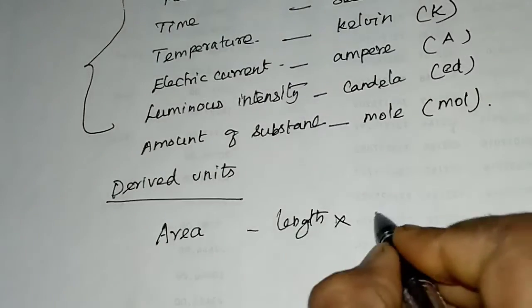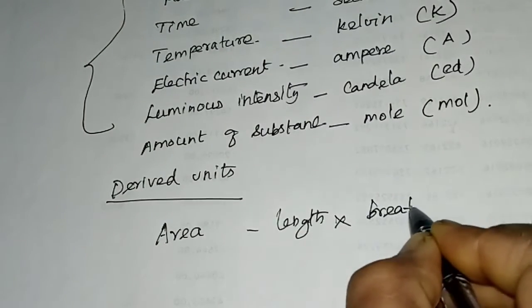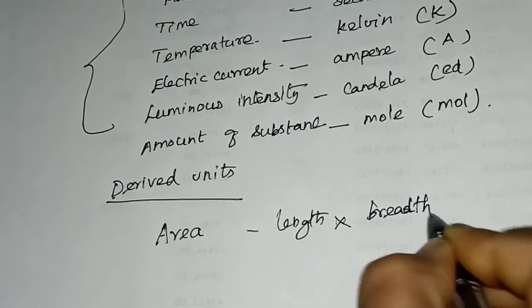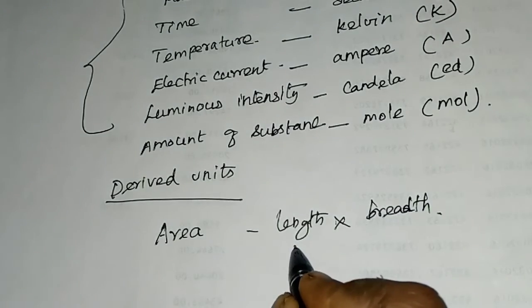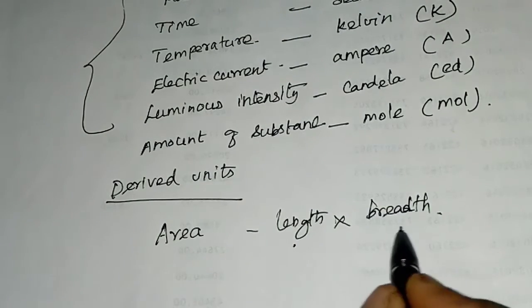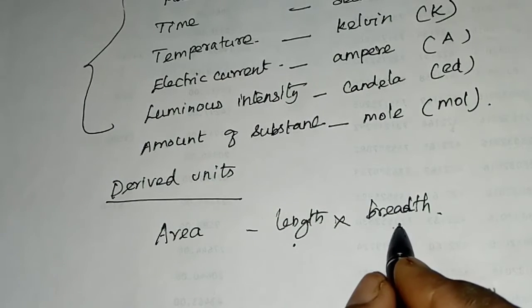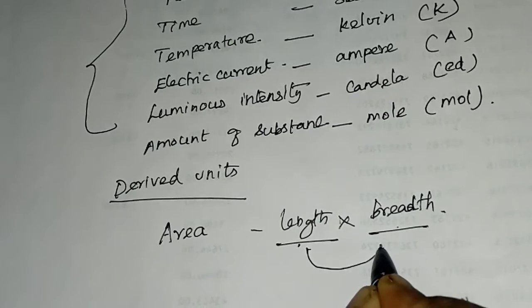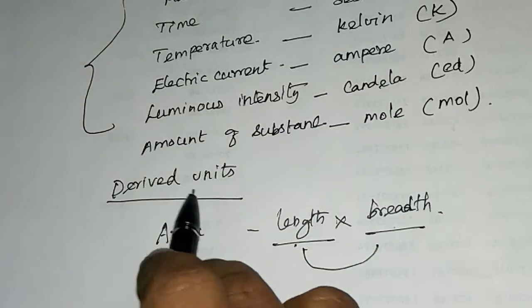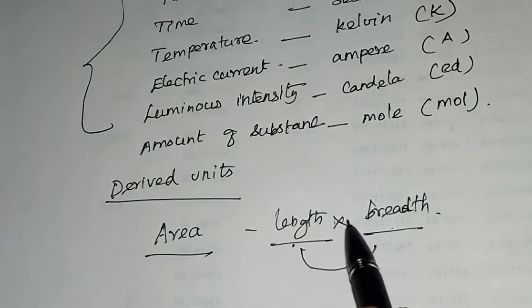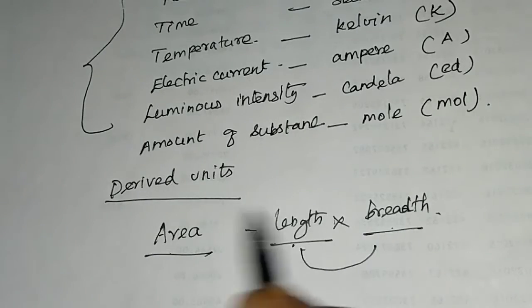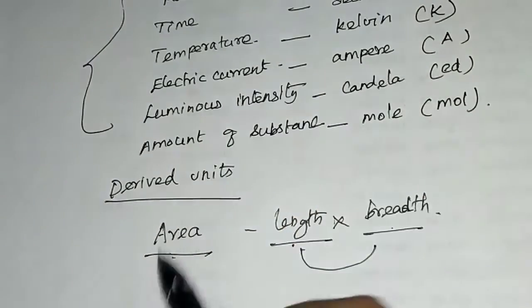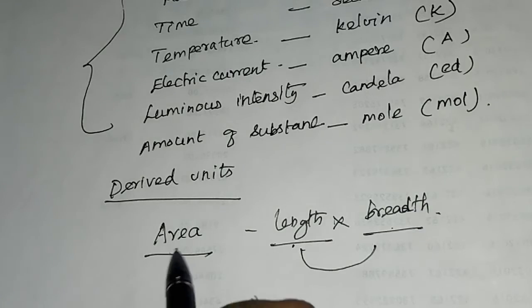Length is one of the fundamental units, and breadth is also measured as a length, so it is also a fundamental unit. These two fundamental units are used for making area. So area is derived from fundamental units, and we call it a derived unit.